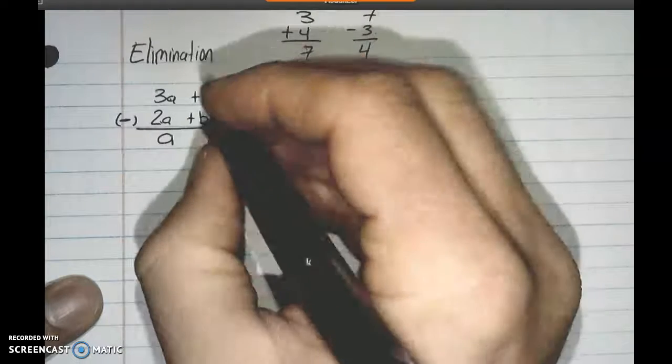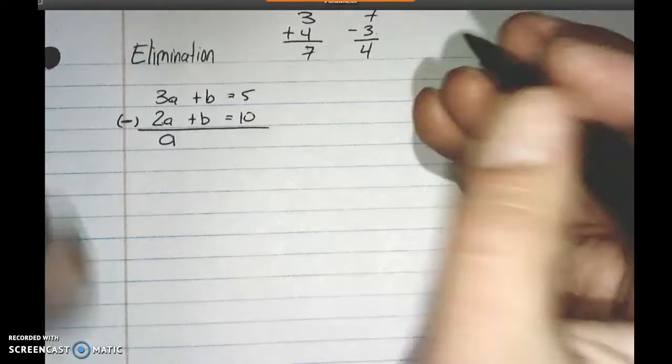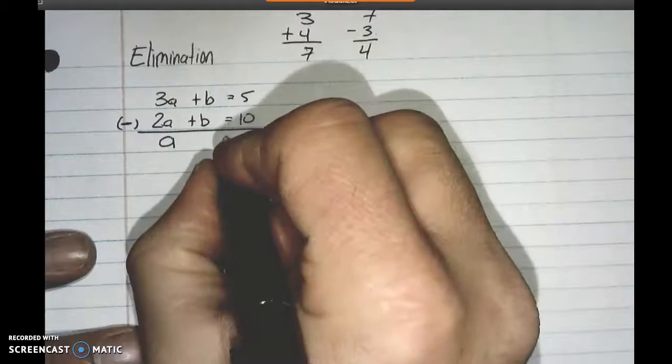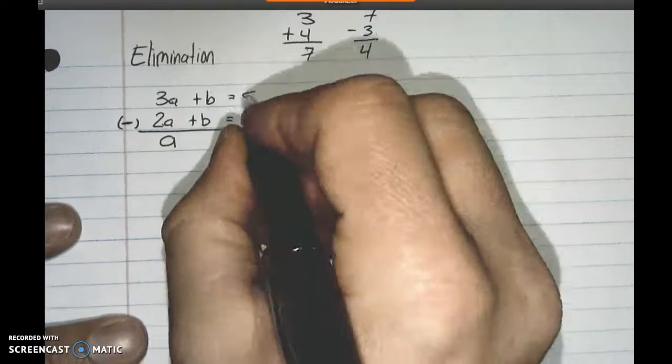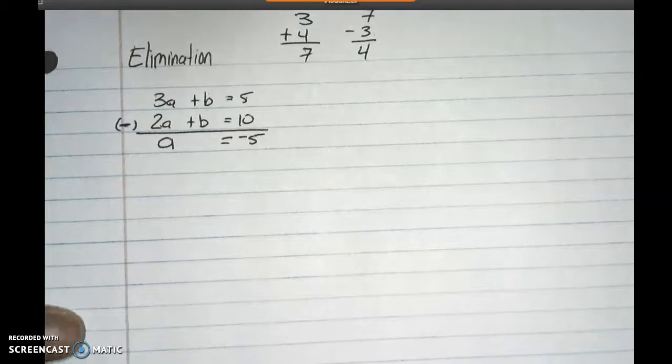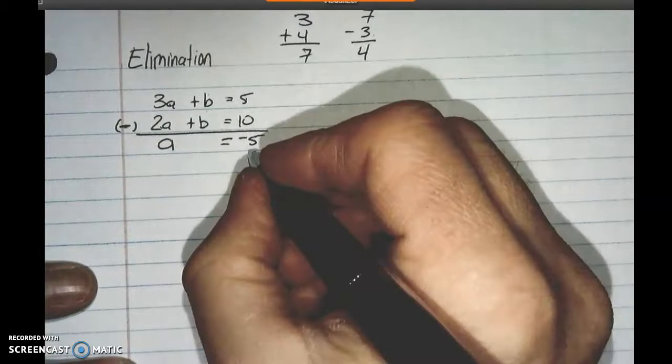So I'm going to go 3a minus 2a, which is just a, which is really nice. B minus b, which is 0. And if you want to put the 0, put the 0. I don't like putting the 0. So I'm going to go 5 minus 10, which is negative 5. So then, once I have that, I have two options.